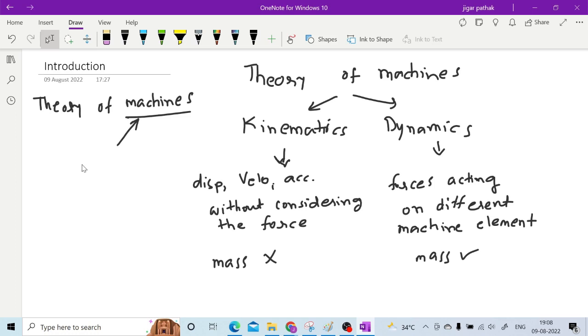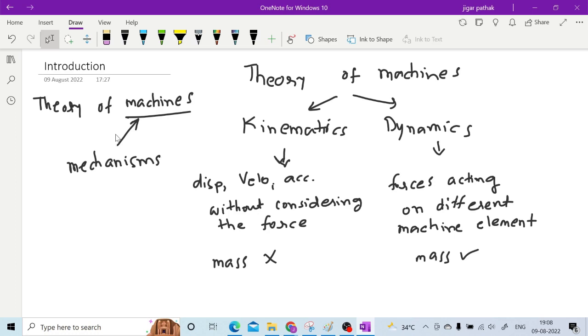There are various components and elements and different things in order to manufacture or fabricate machines. So if you want to have a machine, you must have mechanisms, right? If you want to have machines, there are a number of mechanisms which will make this machine.